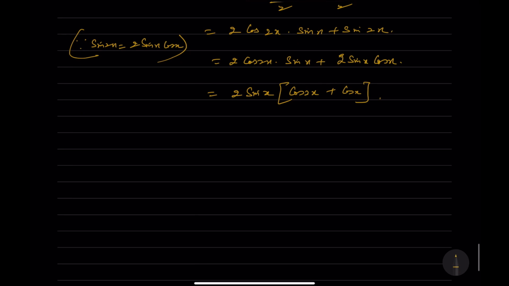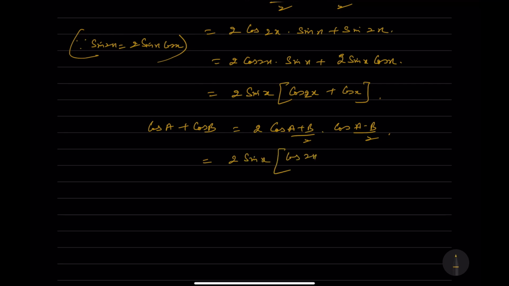So now again you have to use cos a plus cos b, which is equal to 2 cos a plus b by 2 into cos a minus b by 2, so which is equal to 2 sin x into cos of 2x plus x by 2 into cos of 2x minus x by 2.